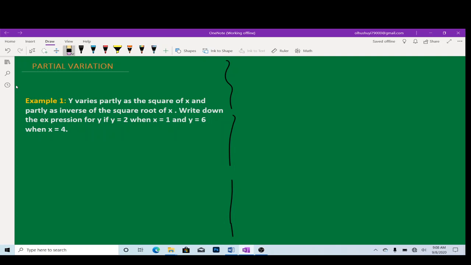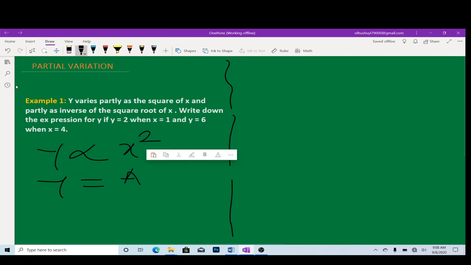Partly means y varies as the square of x, and that implies y is equal to, let's use a constant a, times x squared. You get that? Then it says again, y varies partly as inverse. This will form equation 1, please note that.